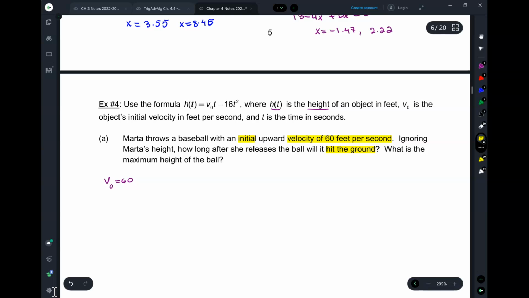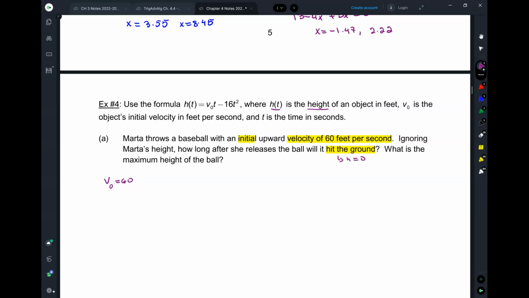When it hits the ground, okay, so let's see what we have. We have this equation, and H is what? H stands for height. So when it hits the ground, what's the height? 0. Okay, so that's important. When it hits the ground, H is equal to 0.